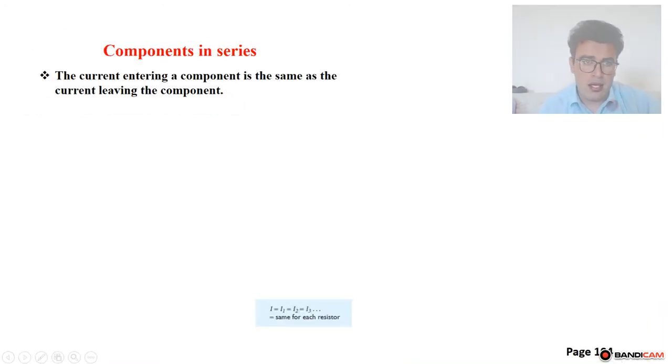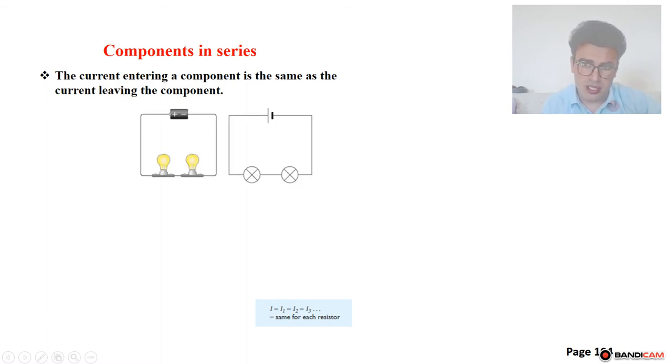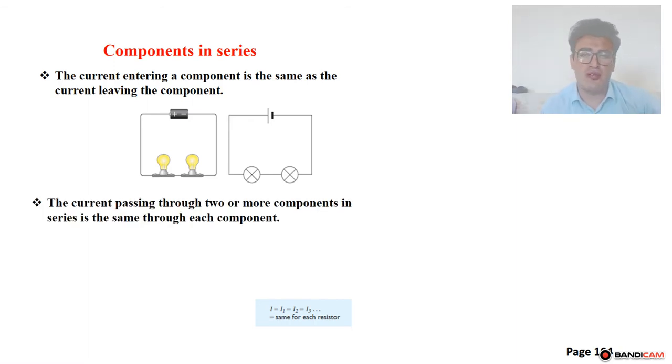Now, we have some components in the circuit. As we know, we have 8 main components in electric circuits, and we studied before the function of each of them. Now we are still talking about the current rules. What is the current rule in a series circuit?